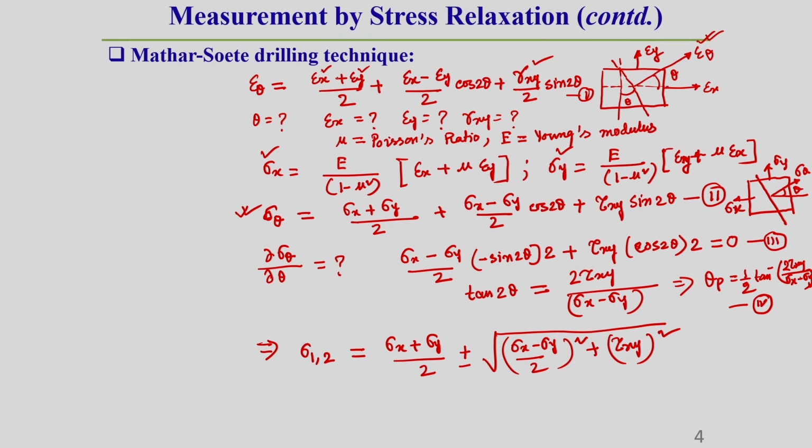Once we calculate this epsilon x and epsilon y by using equation number 1 and by the measurement of the strain gauge, by putting that value we can easily find epsilon x, epsilon y.